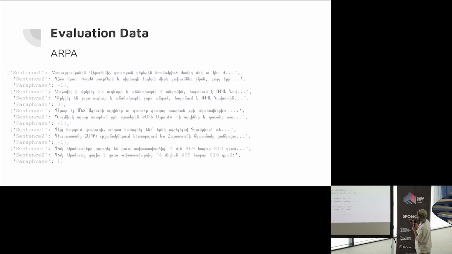We have ARPA, which is I think another website-scraped dataset, and this ARPA is for paraphrase. We have 2 sentences and then a flag indicating whether it's a paraphrase or not, with -1, 0, and 1 indicating paraphrase, near paraphrase, or not a paraphrase.